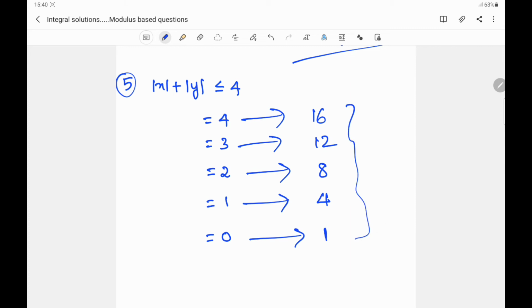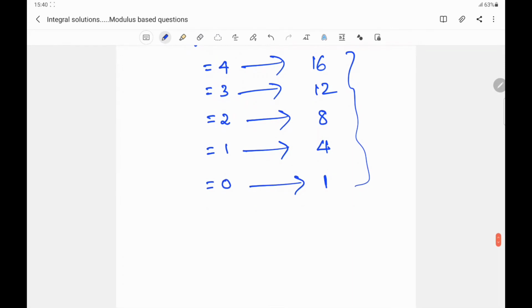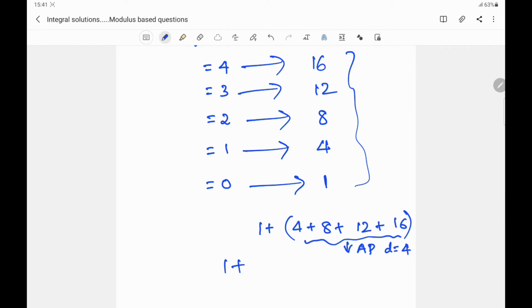So this is nothing but 1 plus 4 plus 8 plus 12 plus 16. This is nothing but an arithmetic progression with a common difference of 4. How many terms are there? 1, 2, 3, 4, so 4 terms.